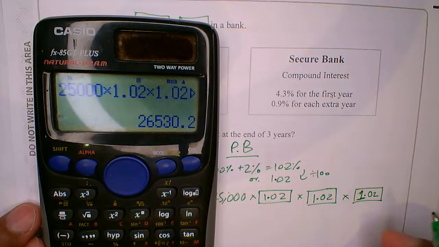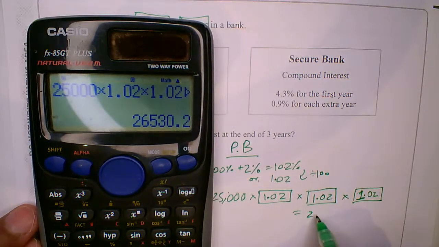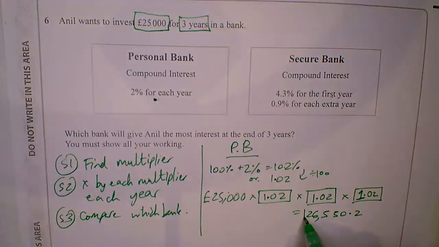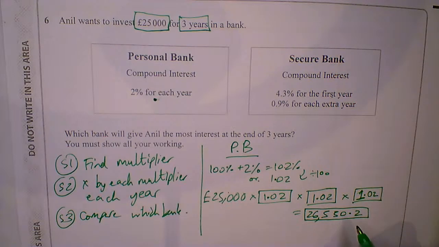That gives me 26530.2, and so my final answer is £26,530.20. All right, so that's my personal bank.